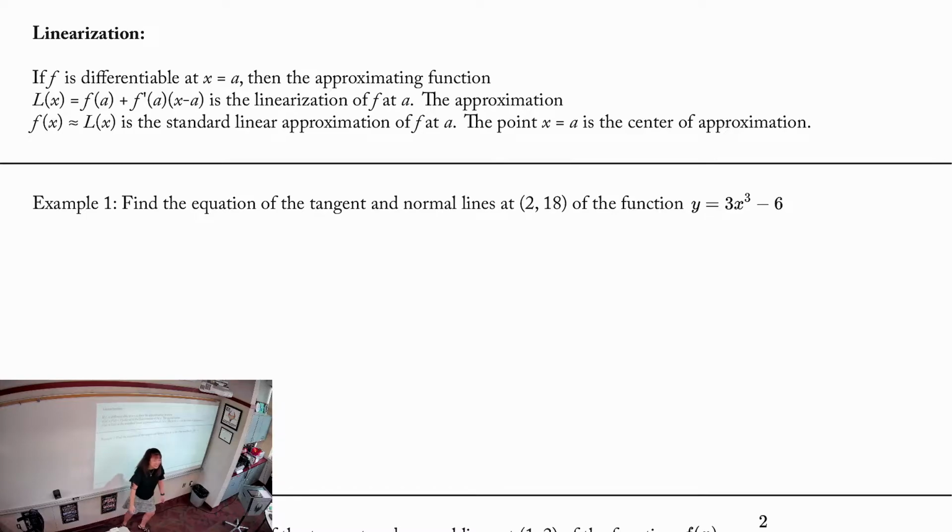Why? Just because we can. Just because we can. So anytime I ask you to linearize an equation, find a linear approximation, all I'm asking for is to write the equation of the tangent line. Yay! Congratulations. We changed the terminology and then nobody knows what we're talking about.